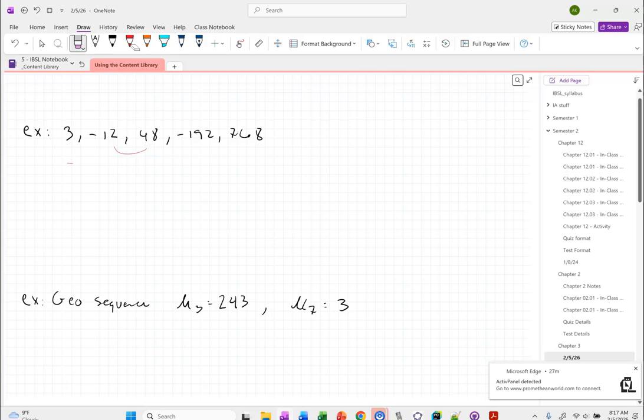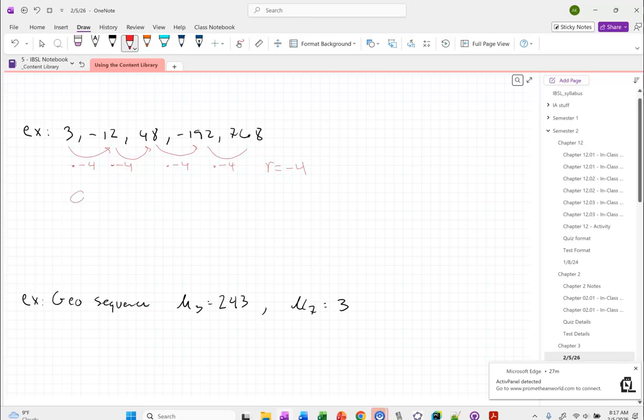Nope. Okay. So let's see, maybe it's multiplication. So times by negative 4. Oh, good. And then I times by negative 4, and then times by negative 4, and times by negative 4. This is geometric. Okay? So that tells me that the r is negative 4 and it's geometric.